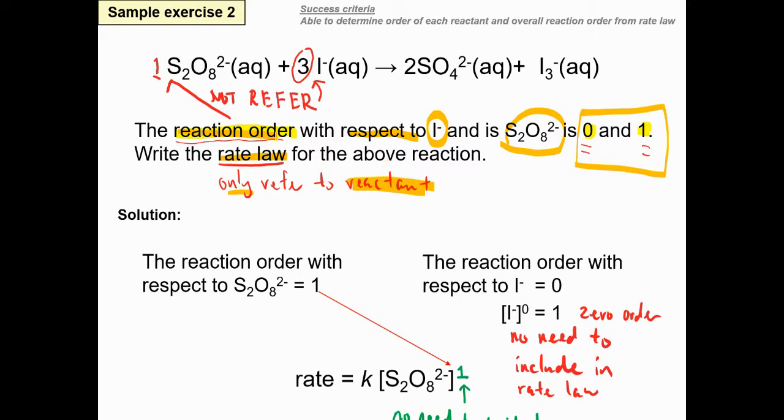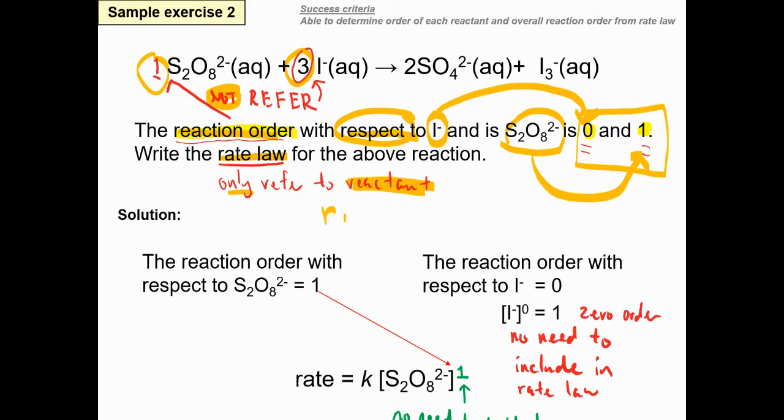Another one is reaction order, we never refer to the coefficient or the factor of the reactant. But it is provided in the sentence: with respect to iodide ion 0, S2O8 is 1. So now let's write the rate law.